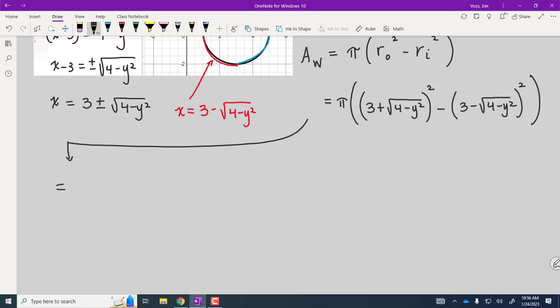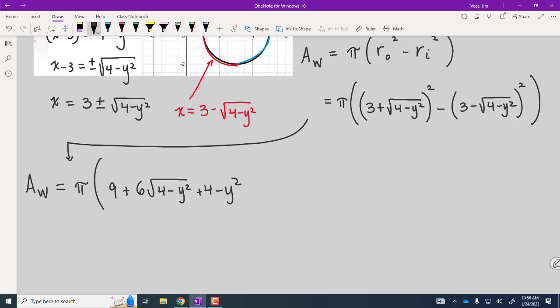Okay, so the area of our washer is going to be pi multiplied by... So remember, we're just foiling, right? It's just foiling. So we get 3 squared, which is 9, and then this times 2, so 6 square root of 4 minus y squared. And then we square that, and that's just going to be 4 minus y squared. So there's the first square.